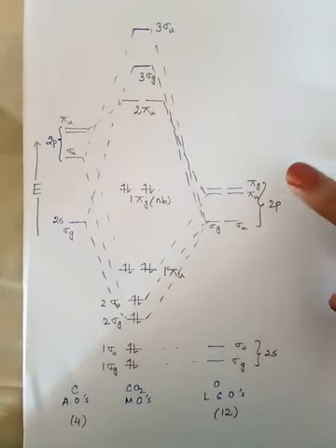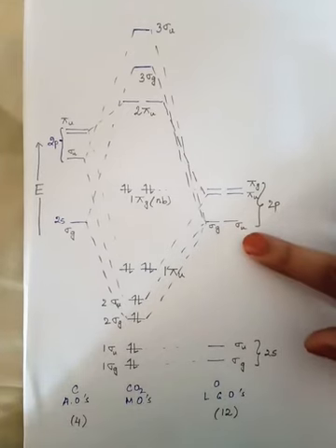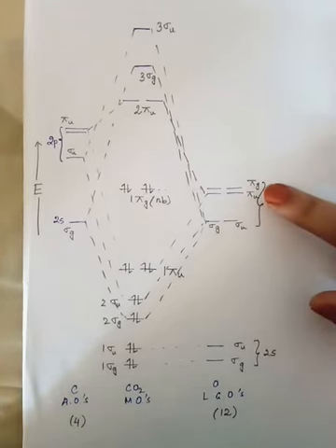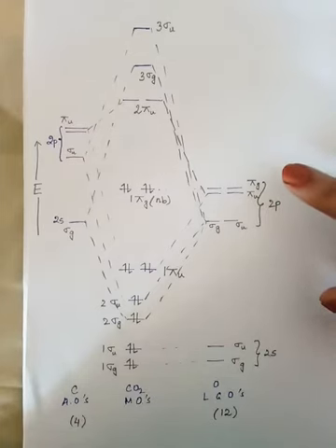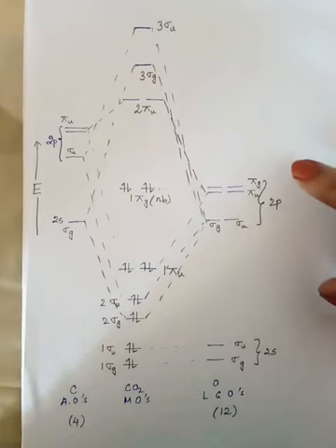So the two oxygen pz orbitals combine to give one bonding and one anti-bonding orbital, which are this sigma g and sigma u, and the px and py combine to give pi g and pi u, which have been represented here. Here the pi u is the bonding orbital and the pi g is the anti-bonding orbital. Please refer to the previous videos on molecular orbital theory if you have any problems regarding this.